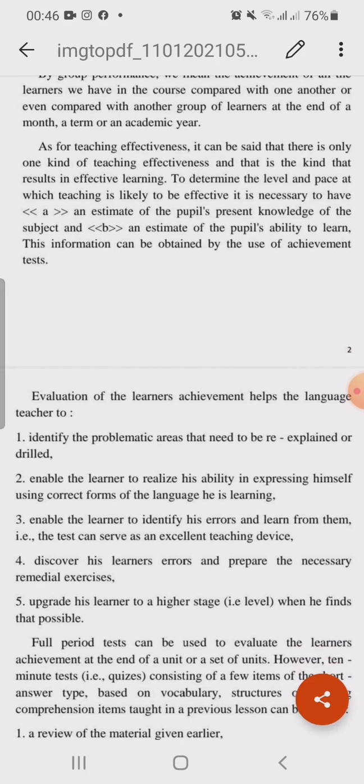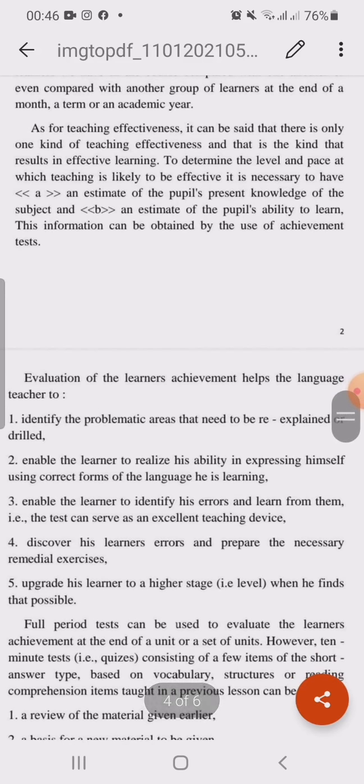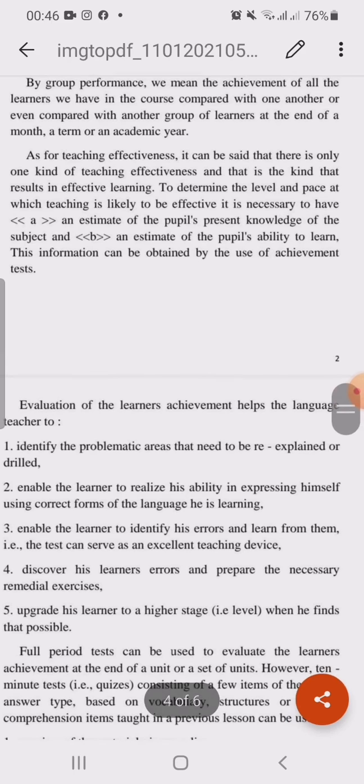Number 1, an estimate of the pupil's present knowledge of the subject، يعني تخمين للمعرفة الموجودة عند الطلبة بالنسبة للمادة، يعني معرفتهم بالمادة. Number 2, an estimate of the pupil's ability to learn this information، يعني تخمين قابلية الطلبة للتعلم.